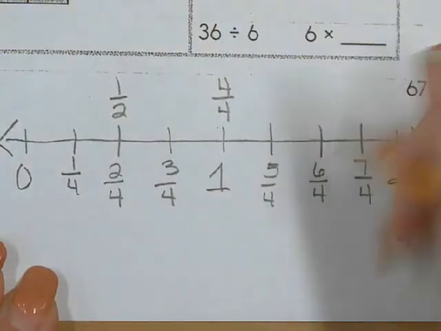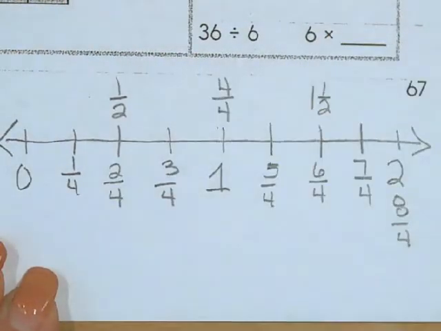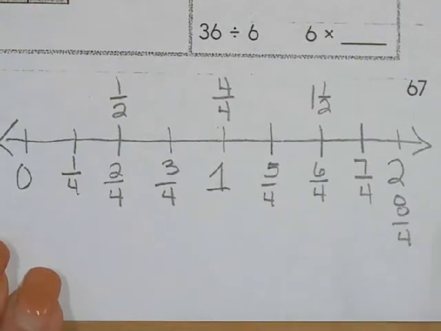We also know that this is considered 1½ on a number line or a ruler. So that's how we would partition, show, and model this on a number line.